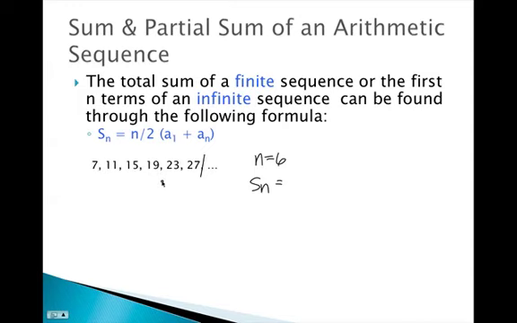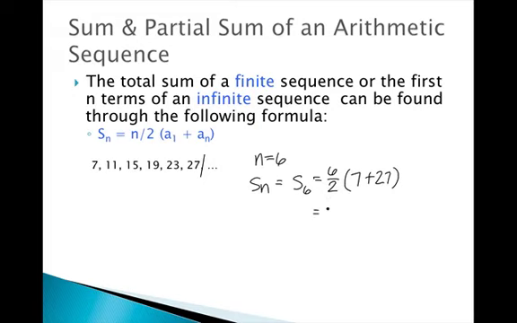It wouldn't be too bad, but as n gets bigger, adding all these terms is not so easy. So we're going to use our formula. We want to find the sum of our finite sequence where n equals 6. There are 6 terms. So that means we have 6 divided by 2 times the sum of our first term, which is 7, plus the last term, which is 27.